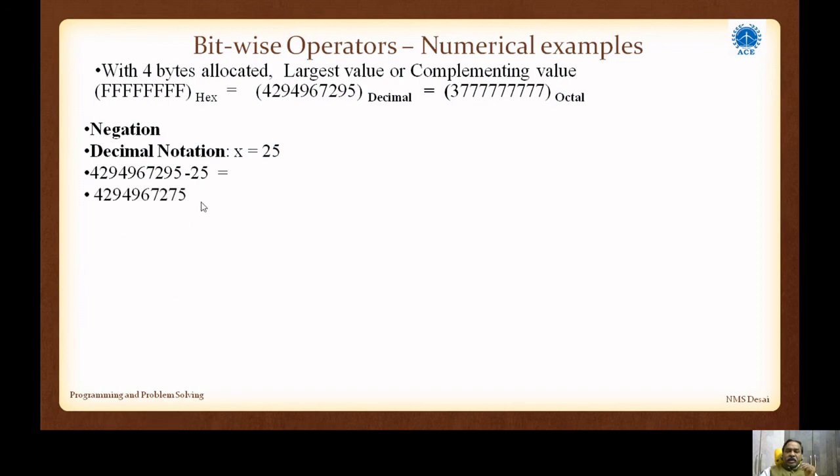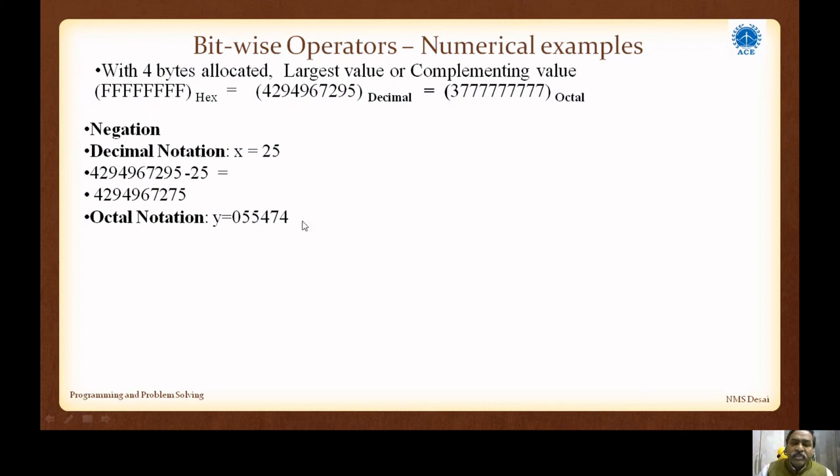Complement is to be performed. And the answer will be 4294967275. This is what we have seen in the program. How about octal notation? I have taken this number 55474. Now, what is to be done?